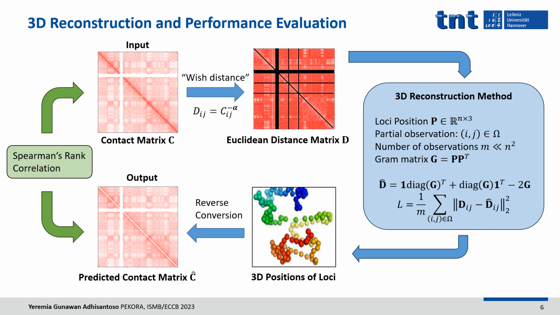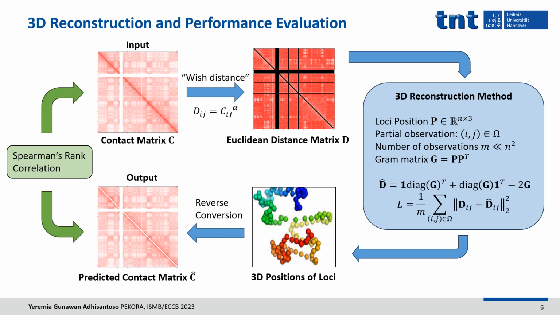Now, the loci are modeled as beads on a string. For example, the position is represented as the matrix P with size n by 3, where n is the number of loci. Furthermore, we have partial observation, so only entries at the coordinate ij, which is an element of omega, have non-zero entries.